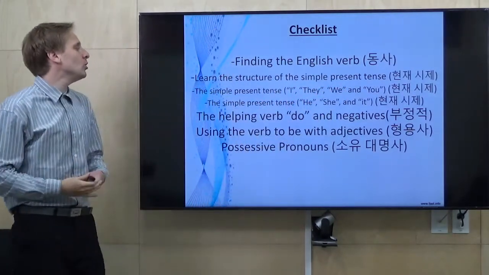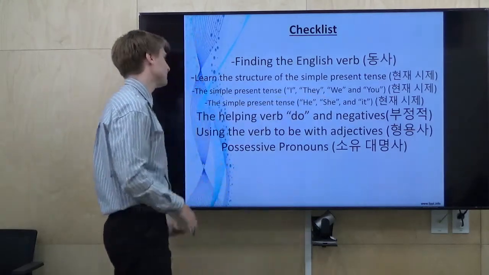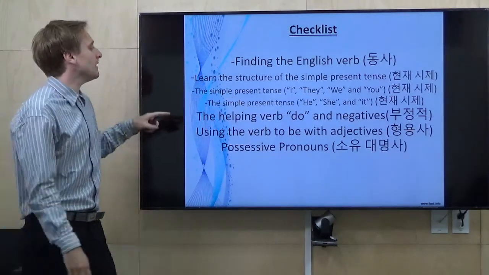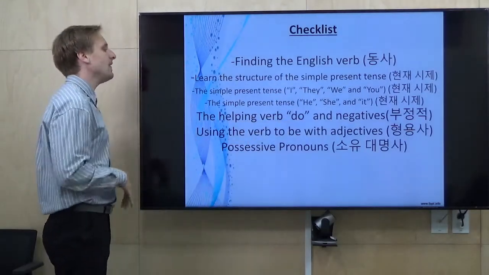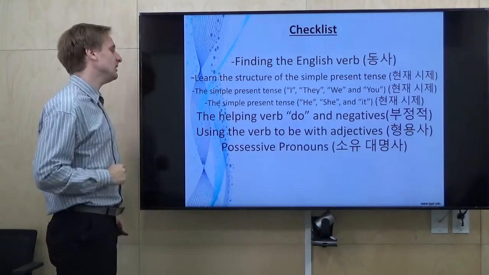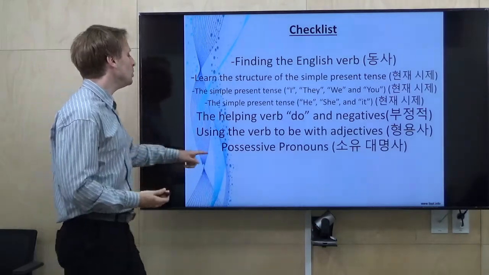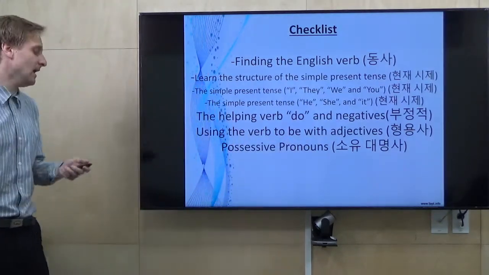And then, the simple present tense with he, she, and it. Next, we'll look at the helping verb do and negative sentences, and then we will look at the verb to be with adjectives, and finally, we will look at possessive pronouns, which will be important for the test.